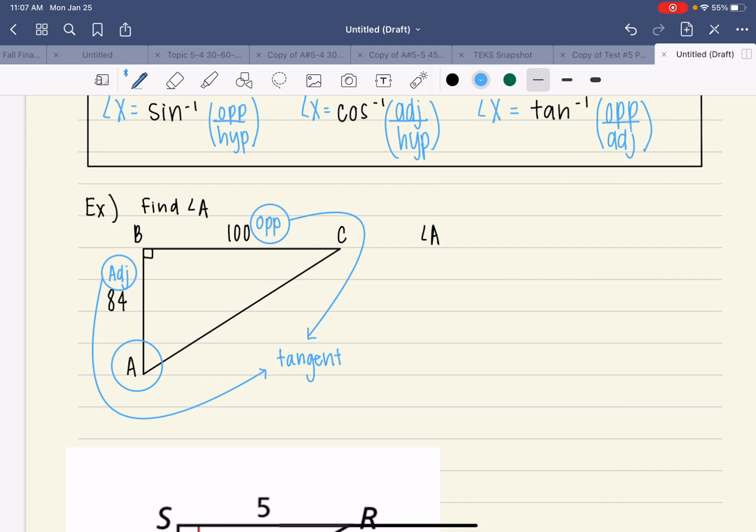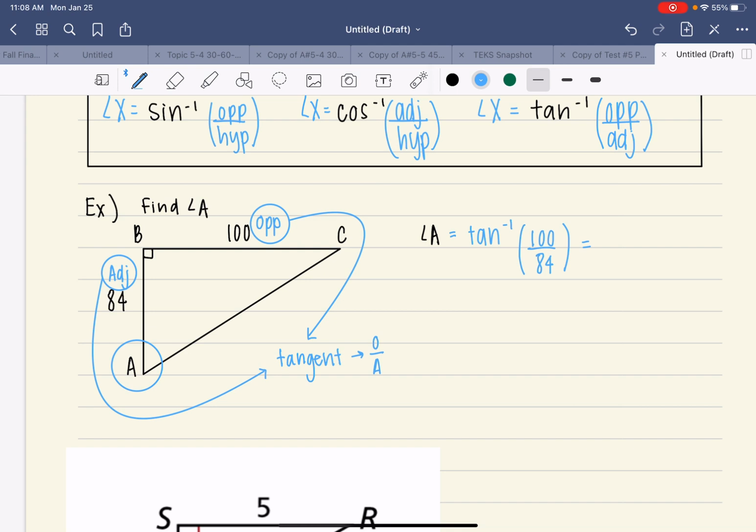Opposite and adjacent is tangent. So in order to find angle A, I'm going to use tangent inverse because I'm trying to find an angle, and then set up the ratio just like we did on day 1. It's always opposite over adjacent. So it's going to be 100 over 84.